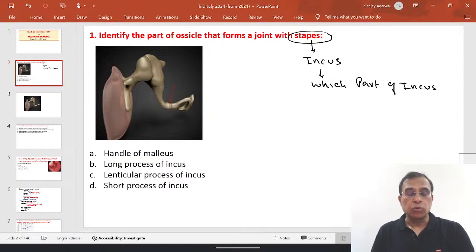So guys and girls, what is the answer? Is it handle of malleus, long process of incus, lenticular process of incus, short process of incus? So what do you want to say? Please answer this question. Like I said, depending on your responses, I'll be able to decide whether I should discuss extra questions tomorrow or not, besides the 75 that you have written.